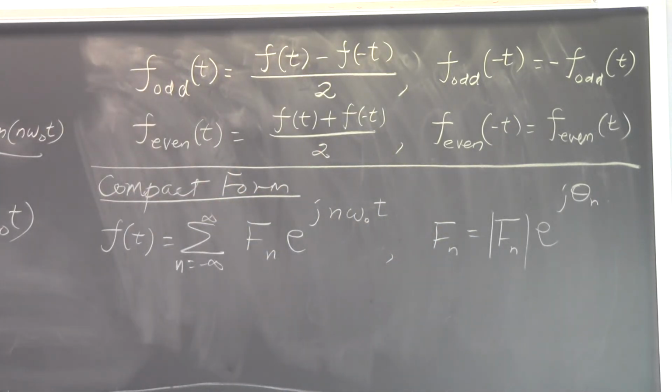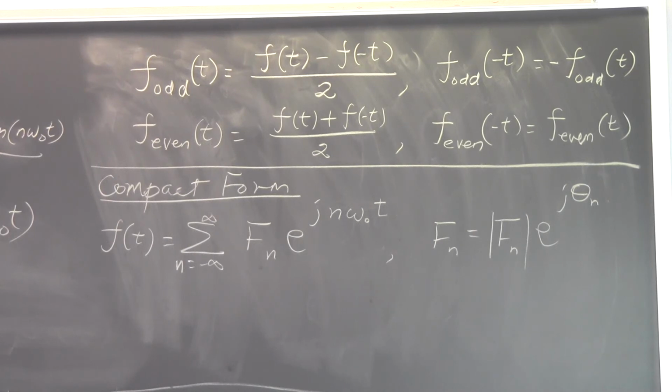But if you know that the function is real valued, you can actually say something about f of n. If this function is real, for every complex number you find in this series, there must be a complex conjugate somewhere. Let me repeat, if this function is real, for every term in this series, you can find a complex conjugate term.